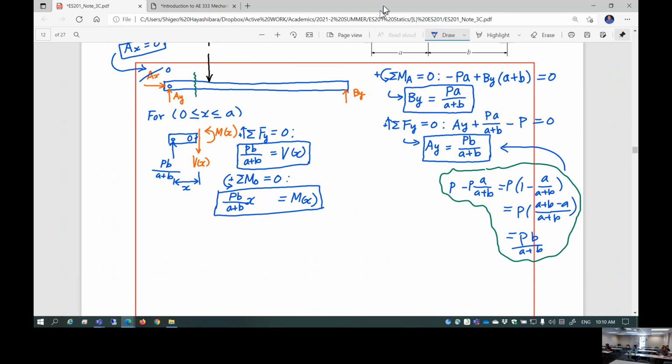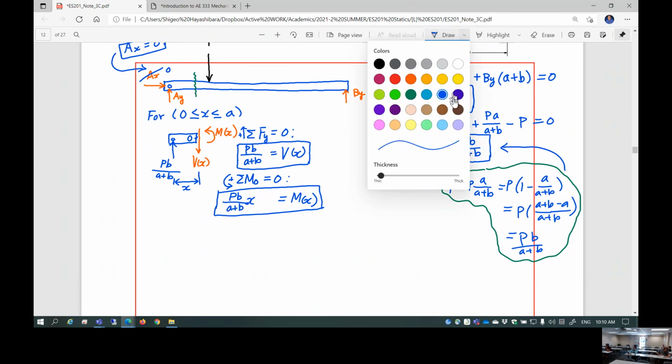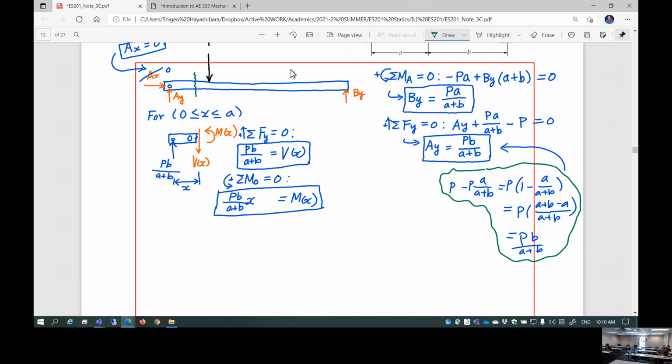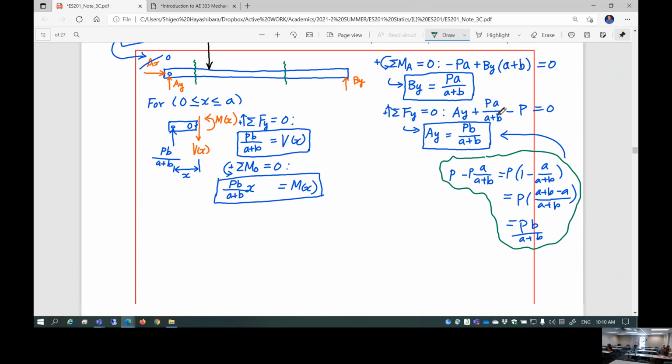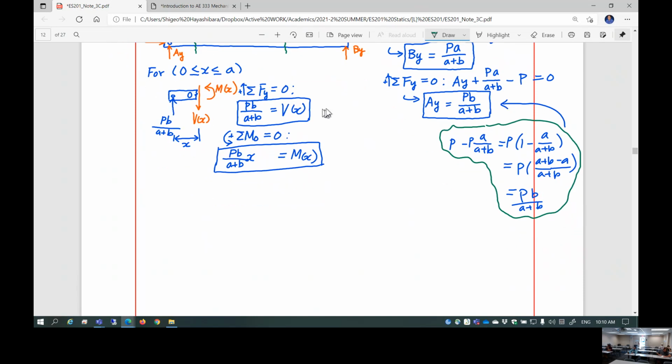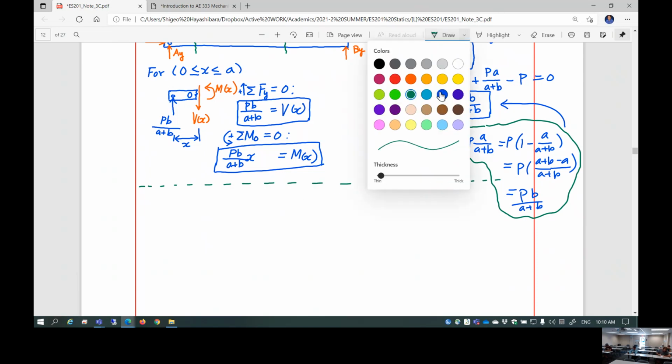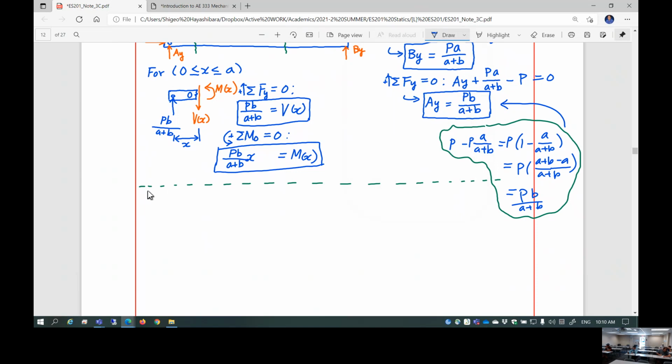Right. And let's just introduce another cut here. This is in the range from x equal to A to, actually, A plus B. Sorry about that. So another cut is introduced here.